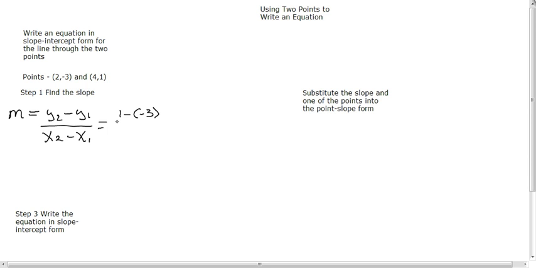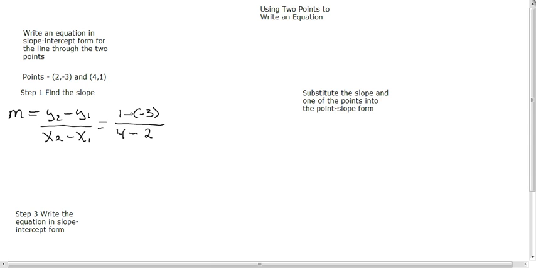Okay? And that's going to be divided by, so our second x value here is 4 minus our first x value, which is 2. Notice how I followed that particular sequence.